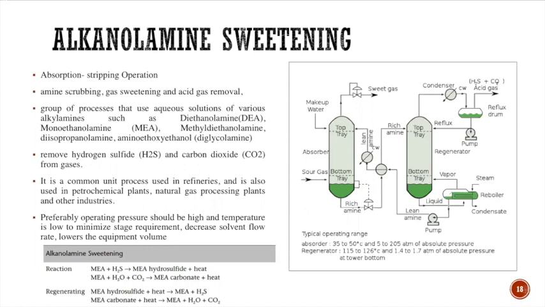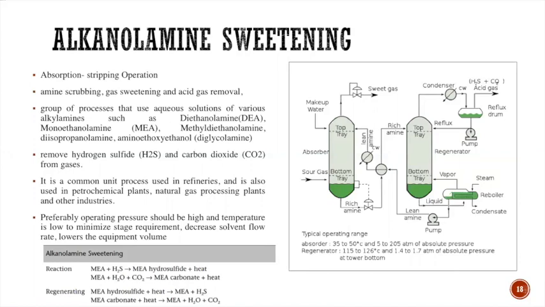Now here you see that we have various types of solutions being used, like diethanol amine, DEA, monoethanol amine, MEA, and other compounds, right? You see that in this process, both H2S as well as CO2 are removed, right?